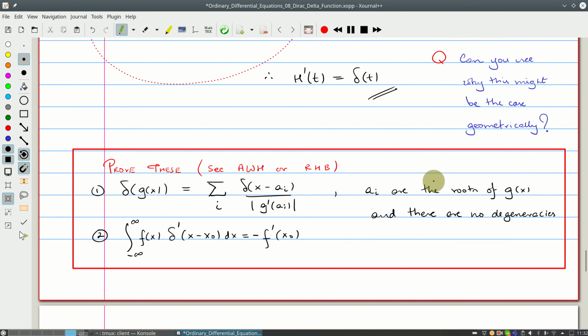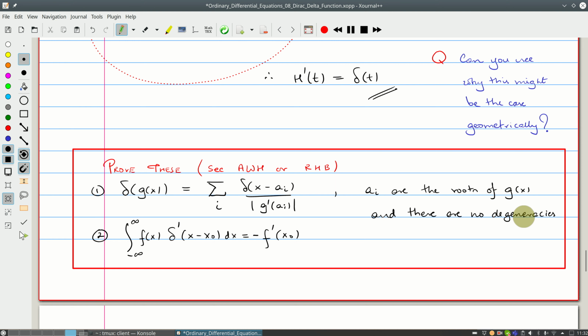If you think you've understood what's going on for the Dirac delta, then please try your hand at proving these. This is discussed in Riley, Hobson and Bence and in Arfken, Weber and Harris. The Dirac delta of a function g of x, where g of x has roots at points a_i and there are no degeneracies.